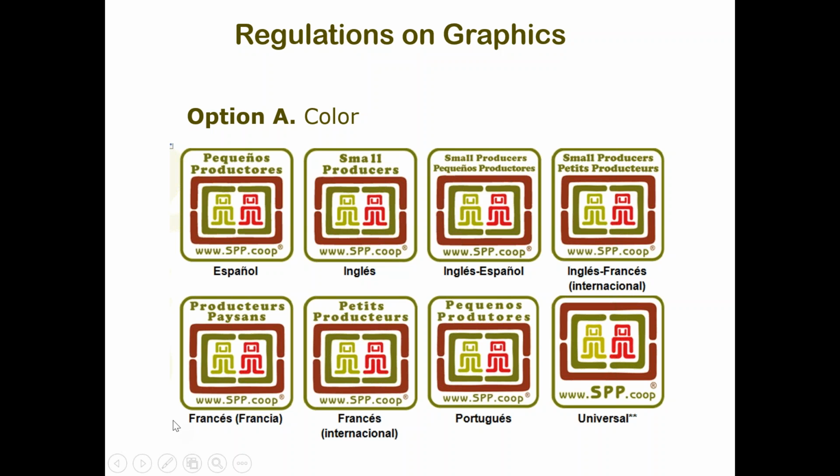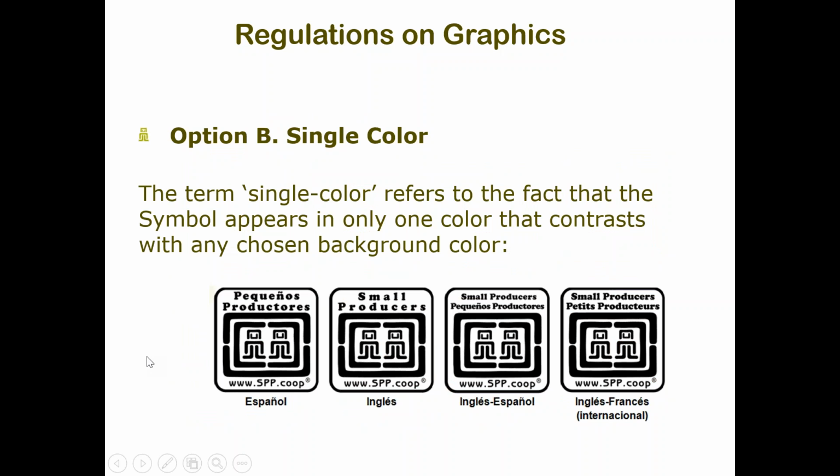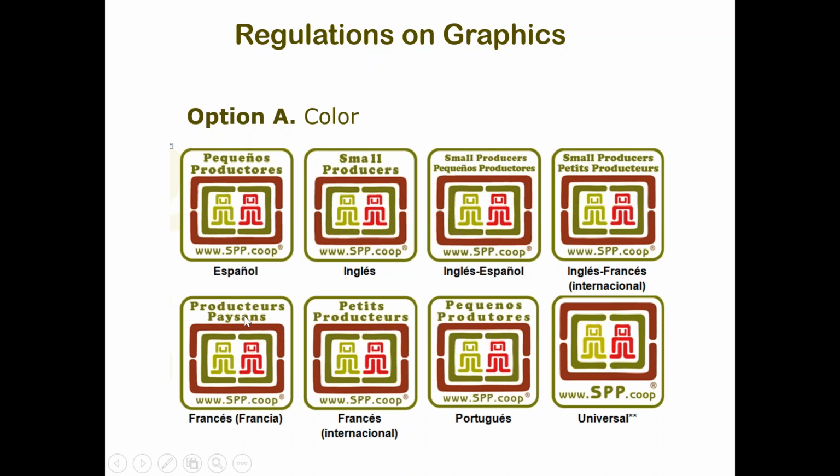In France, there is a problem with copyright, so the name of the SPP in France is Producteur Paysan, but the international French version is Petits Producteurs.